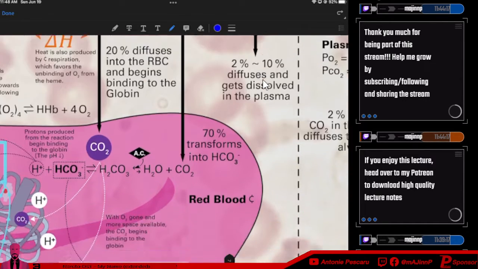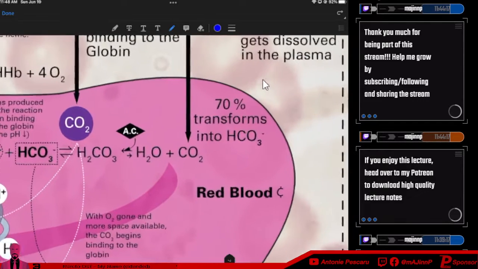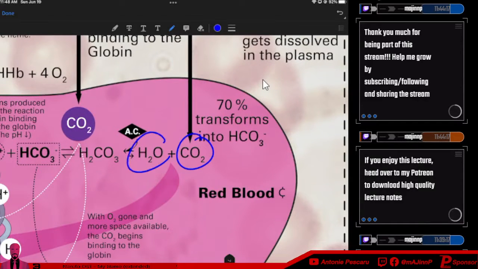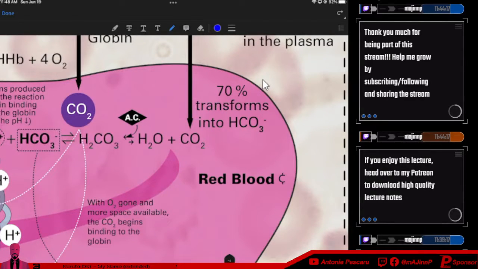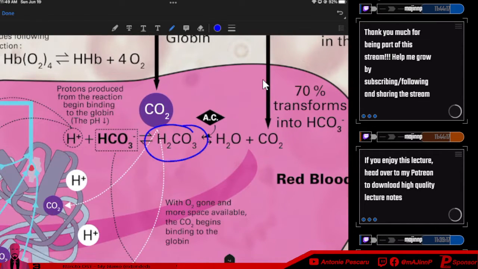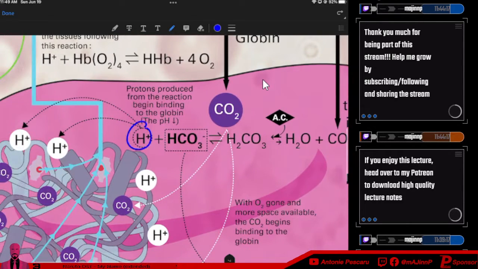And the way that happens is that CO2 mixes in with the water available inside of the red blood cell. Carbonic anhydrase helps stimulate that process back into H2CO3. The H2CO3 gets converted into bicarbonate and a positive proton.